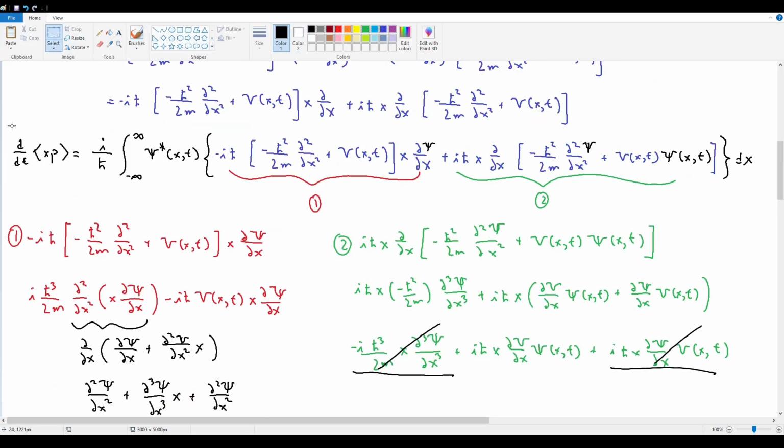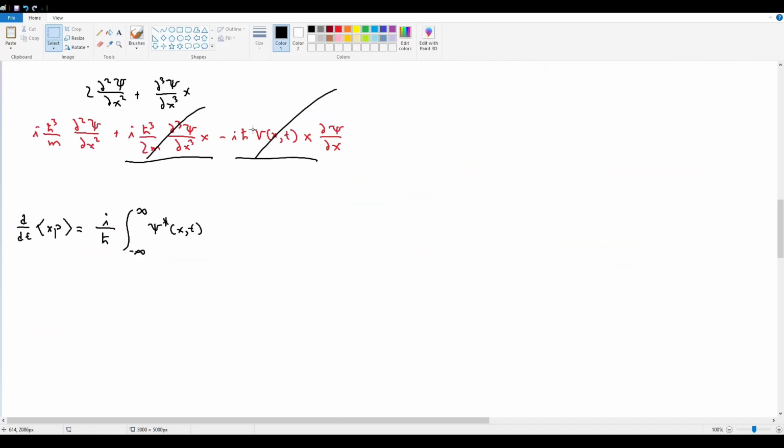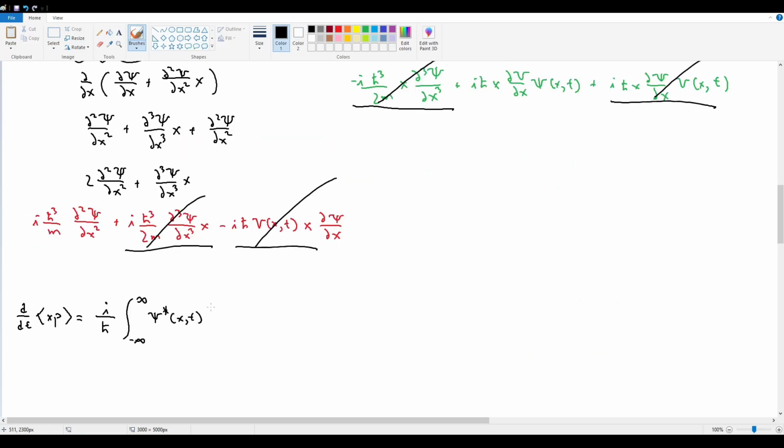And now what we have is that same d by dt expression closed off with i h bar cubed over m d2 psi by dx squared, and then the green expression plus i h bar x dv by dx times psi of x comma t.